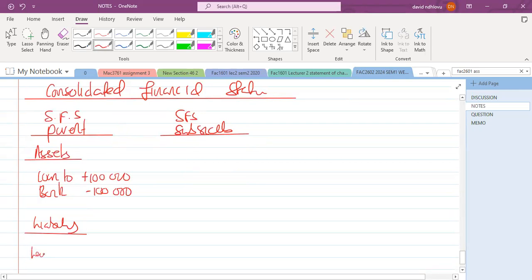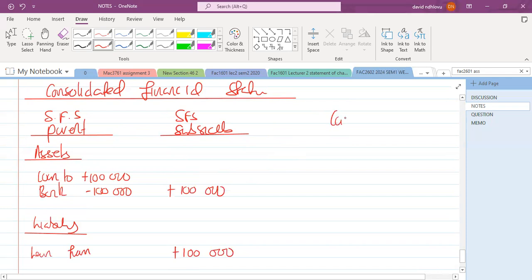This will be a loan from, and the amount will be 100,000. They are receiving the amount. So to them, it's a positive figure. Then in the bank here, these guys are going to be receiving the amount.